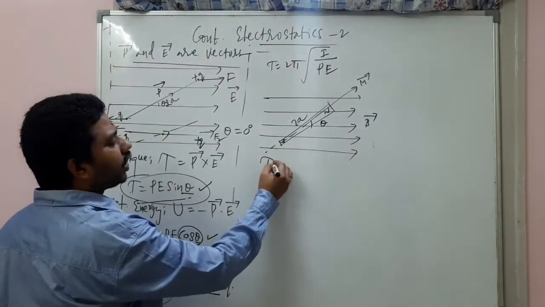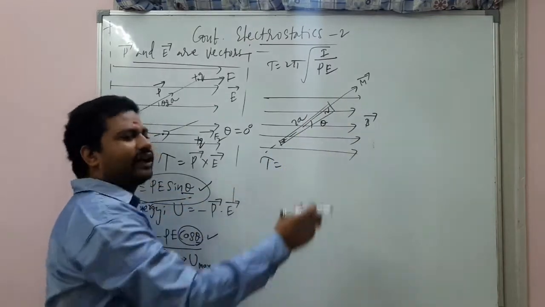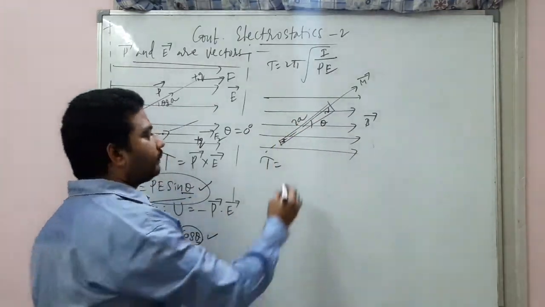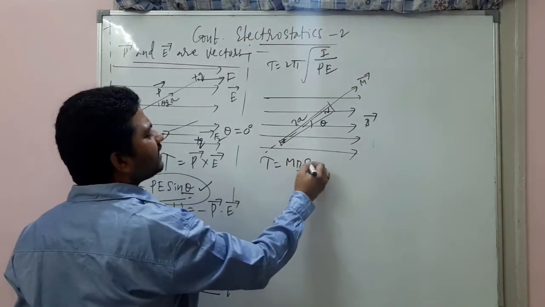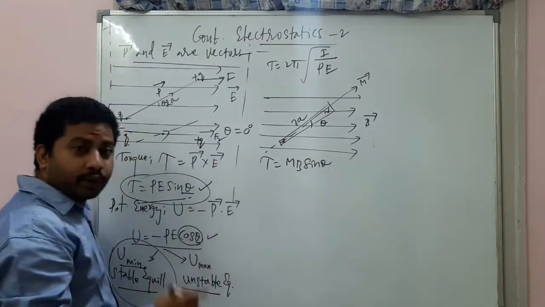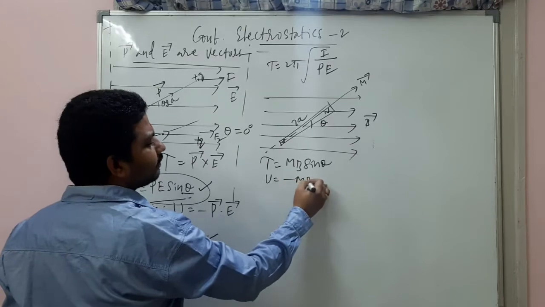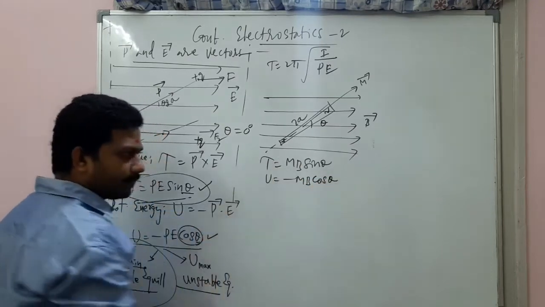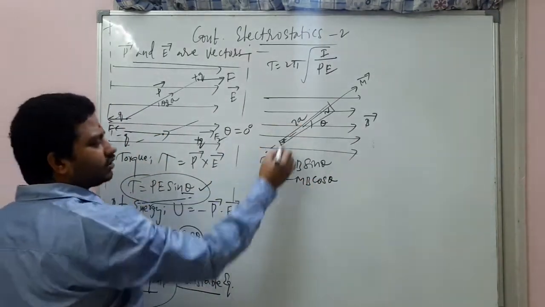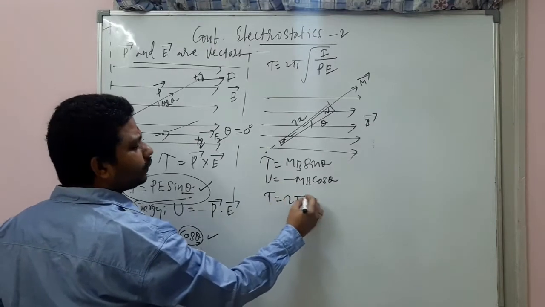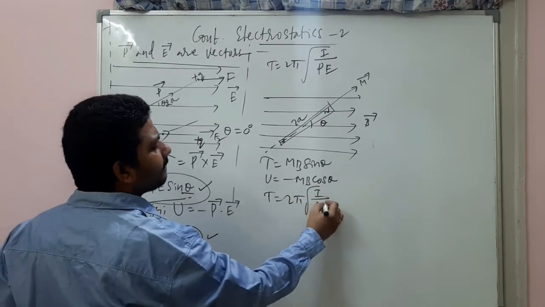Similarly, the torque experienced by this magnetic dipole is mB sine theta. The potential energy associated with this dipole is minus mB cos theta. And the time period of oscillation of this bar magnet is 2 pi root I by mB.